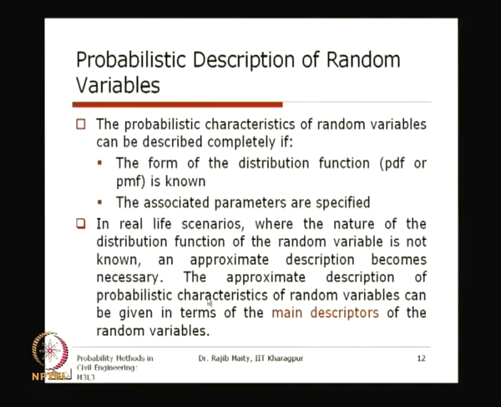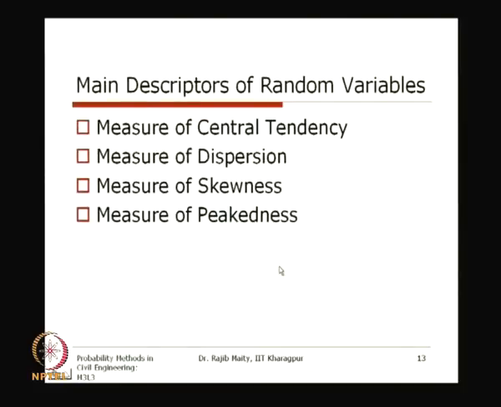So if we do not know the exact closed form of the equation, these main descriptors become very important just to know the nature of the distribution of that particular random variable. There are the first 4 descriptors that are very important, and obviously there are higher ones, but these first 4 are important and mainly responsible for the nature of the distribution.